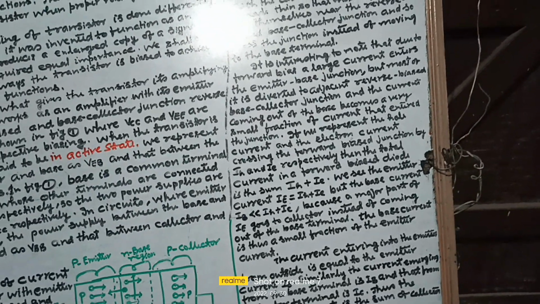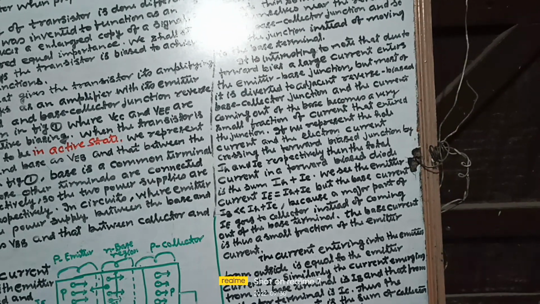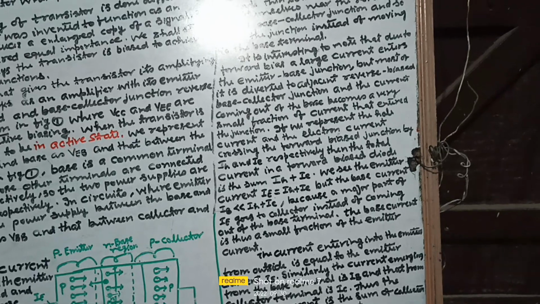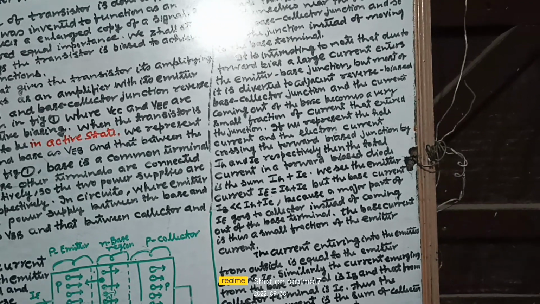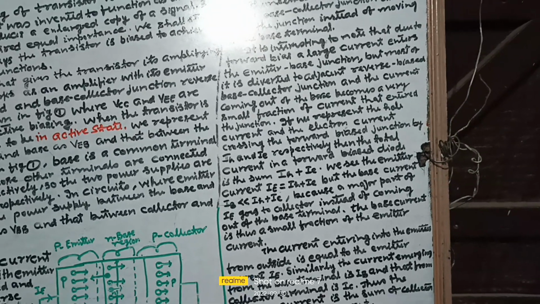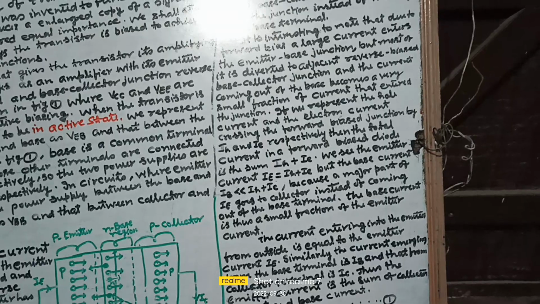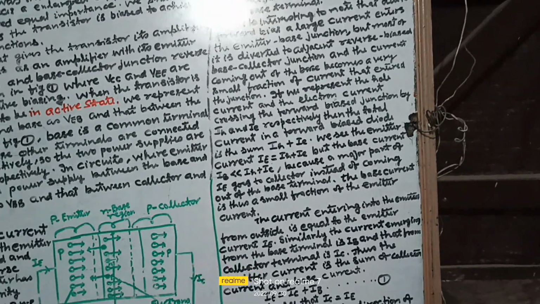We see the emitter current IE = IH + IE, but the base current IB is very small compared to IH plus IE, because the major part of IE goes to the collector instead of coming out of the base terminal. The base current is thus a small fraction of the emitter current.